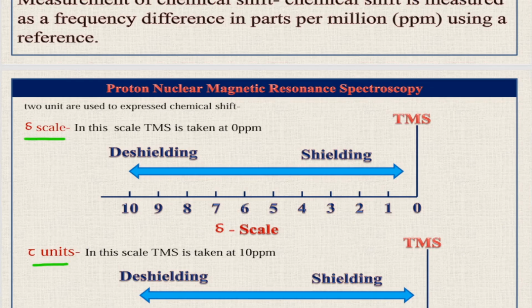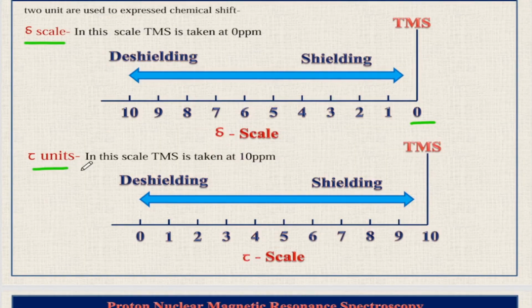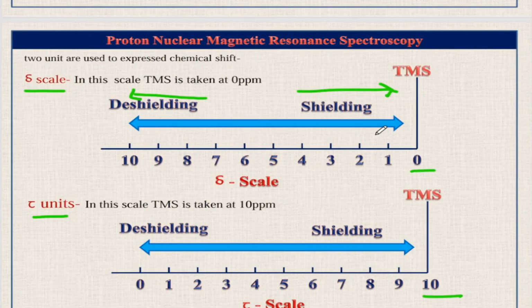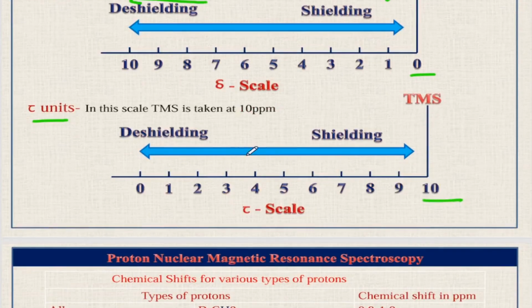In the del scale, TMS is taken at 0 position, and in the tau scale, TMS is taken at 10 position.